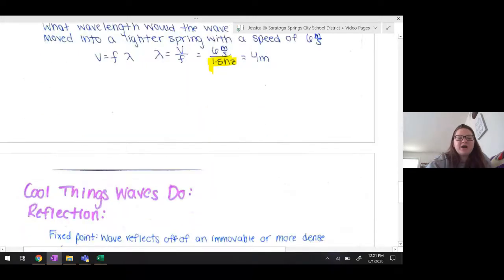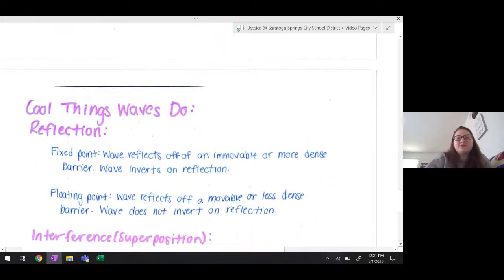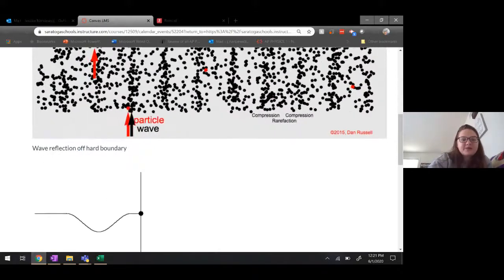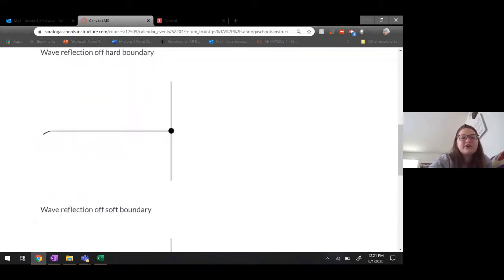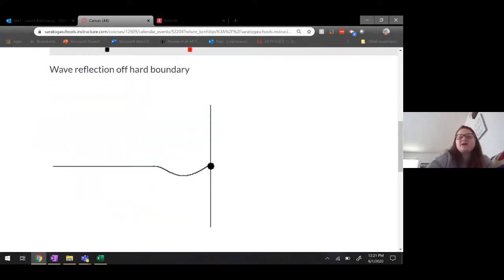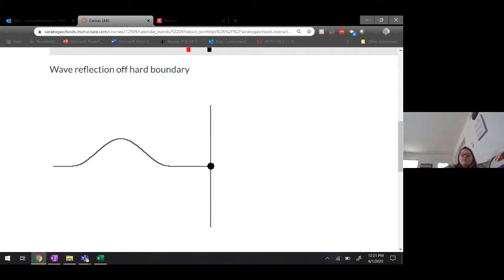All right, so let's talk about some cool things that waves can do. The first thing is that waves, much like particles, can reflect off of surfaces and boundaries. So there's two types of reflection, and I'm going to flip on over to the animations. So the first type of reflection that a wave can undergo is reflection at a hard or immovable or dense boundary.